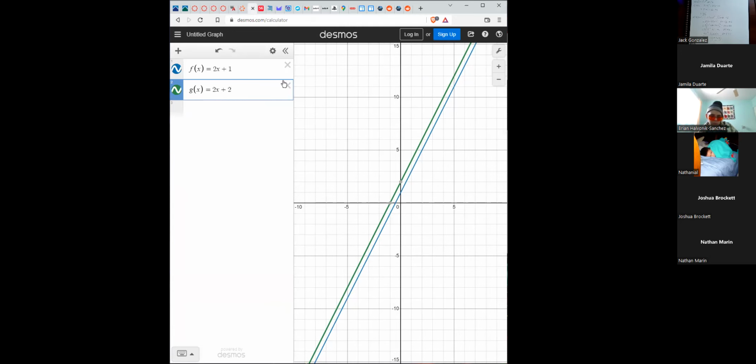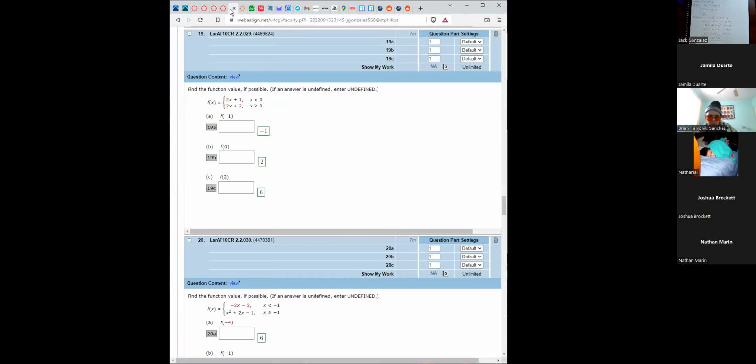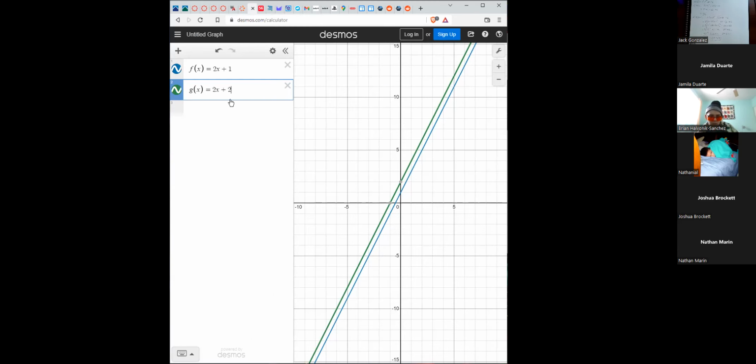So it said that it's going to be plus 1 when I'm less than 0. So plus 1 is the blue one. So from here down is the function they're talking about. Then as soon as it gets to here, it jumps to this function. So these 2 are the ones we care about.